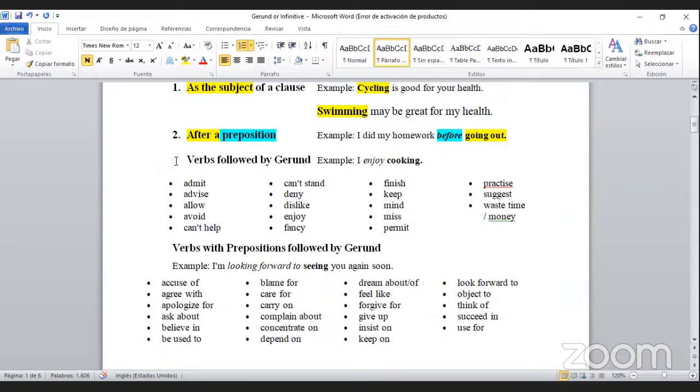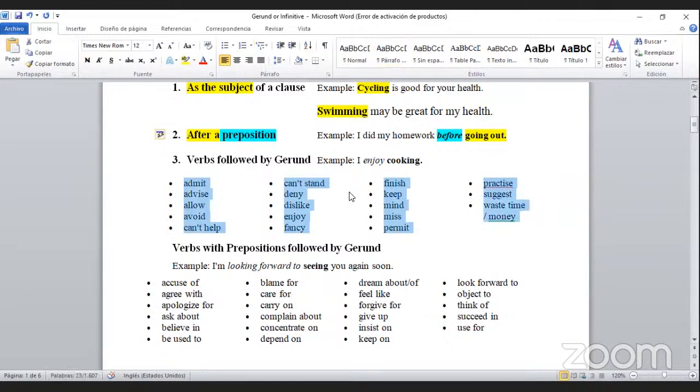The third use that we have is with activities. For example, with activities, when we have two verbs in a sentence, when we have to separate two actions. And we have this list.